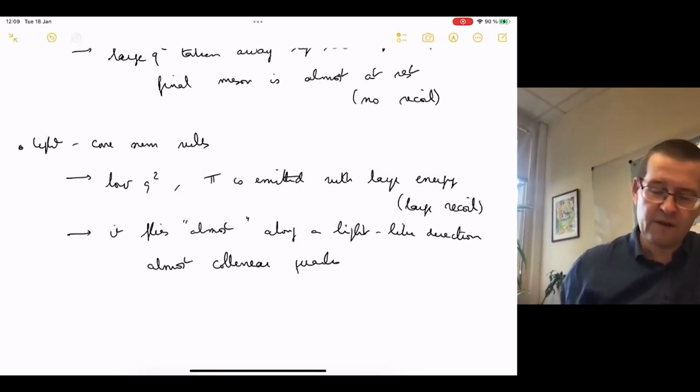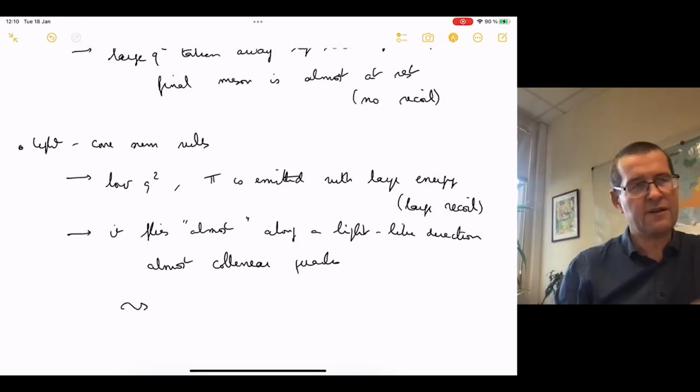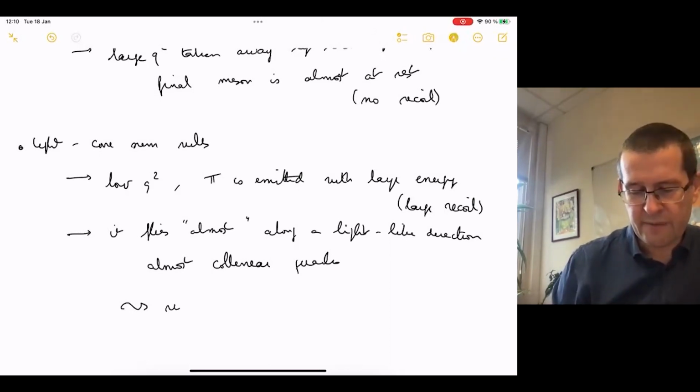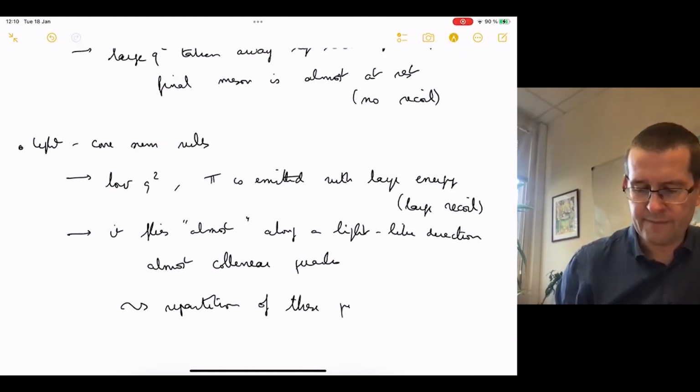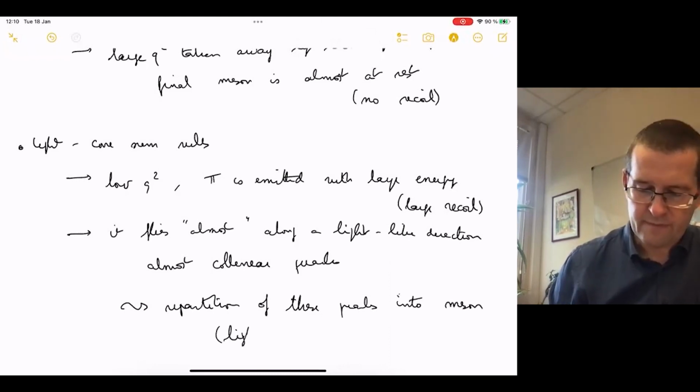They're slightly different. They're light cone distribution amplitudes. But that means that you can actually start using objects that will describe the repartition of these quarks into a meson, light cone distribution amplitude, sorry.